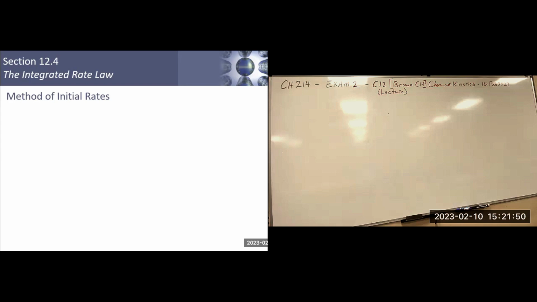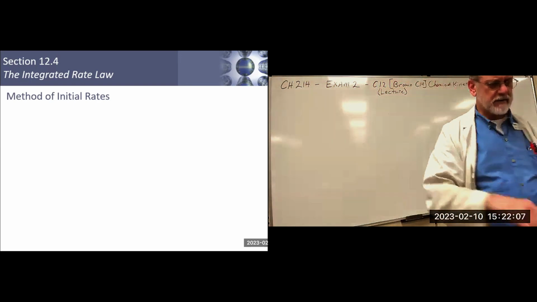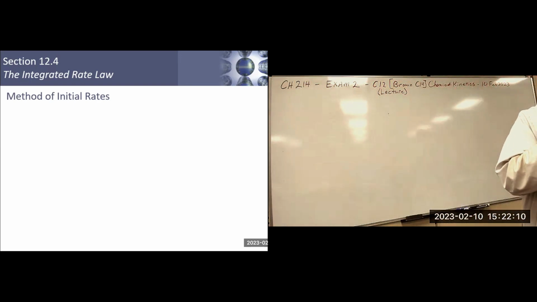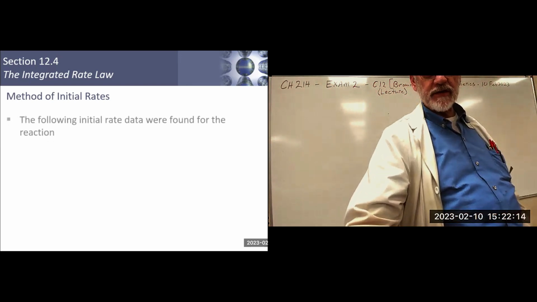Method of initial rates. I've got a different hard copy there. I must not have printed this one out, so it'll be a surprise to me. Let me see what it's got.